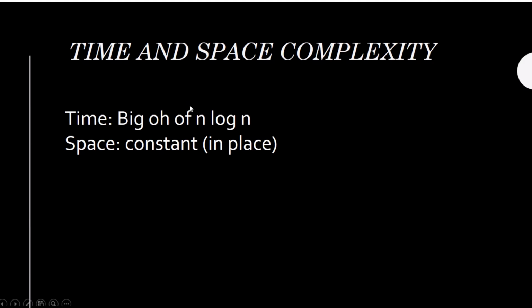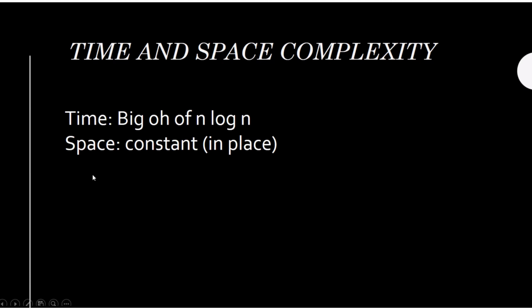For the analysis of time and space, like I showed earlier, the partitioning splits the elements of the array into 2 equal parts, provided we are lucky to have a good pivot. Since it's doing that, the number of partitioning levels corresponds to the height of the tree, which is log of n.